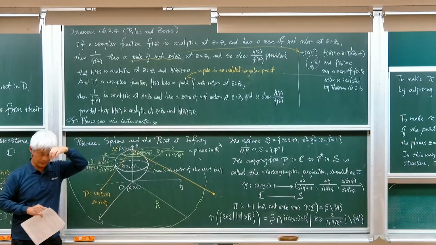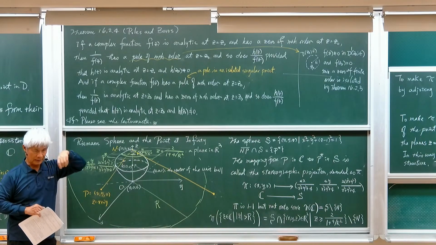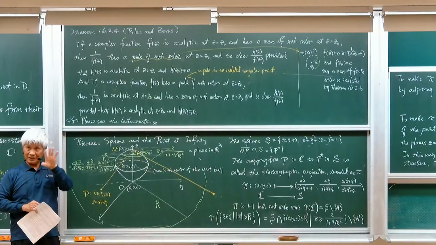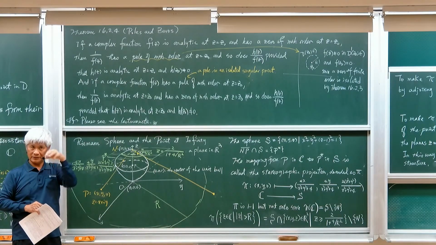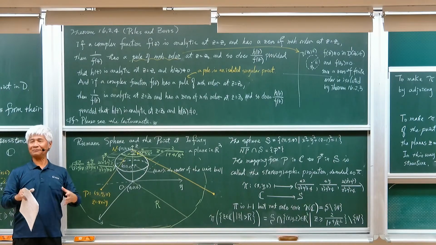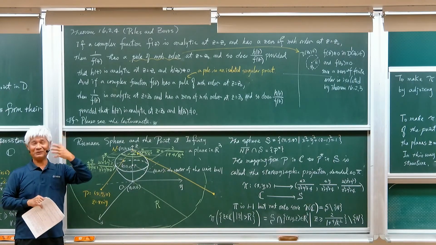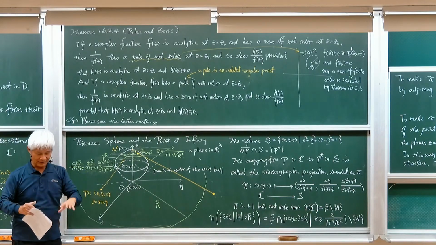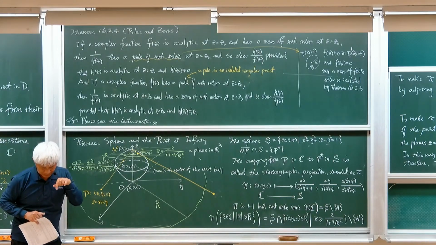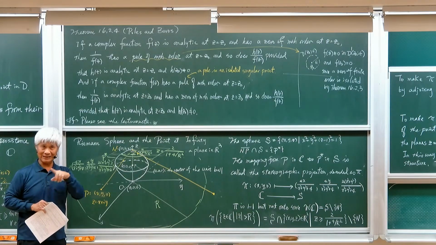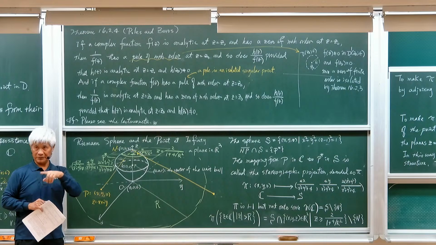So a neighborhood of the north pole on the sphere is a circle, and inside the circle but still on the sphere. Maybe I should bring a basketball. If you look at the ball from the north pole, you will know the meaning of the vicinity or a neighborhood of the north pole.